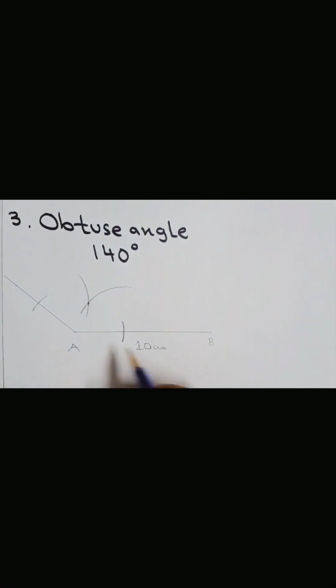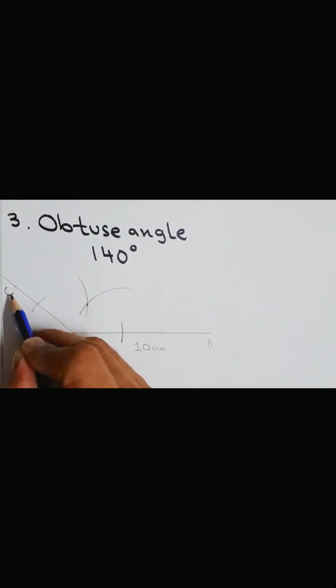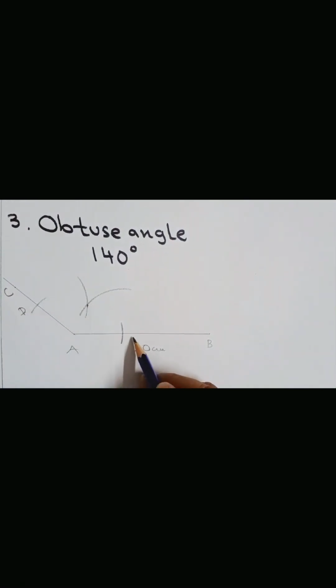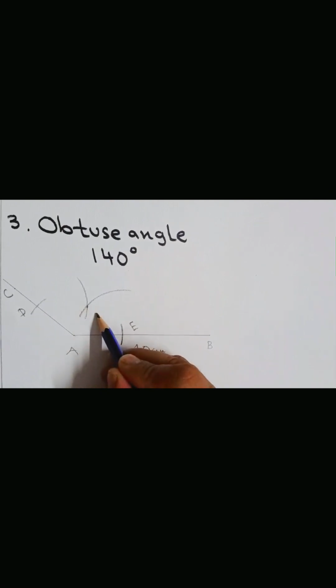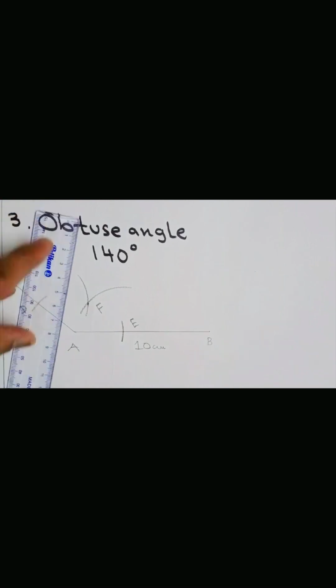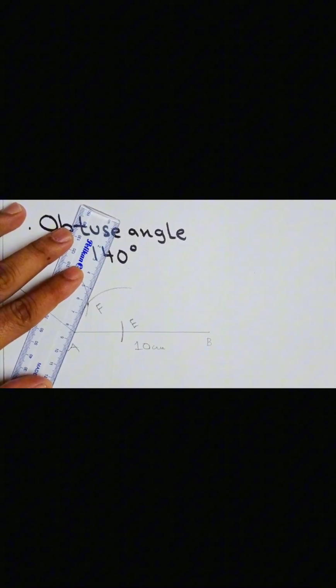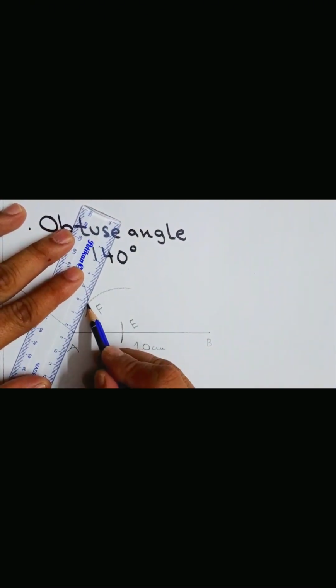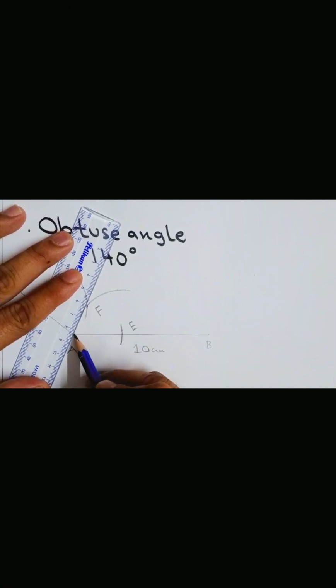It is AB, so it is C, I am giving the name D, it is E, and this point of intersection is F. Now students, use your scale and join this point F with point A with a straight line.